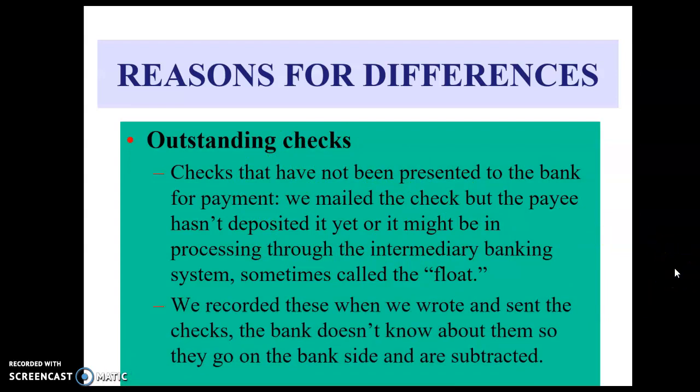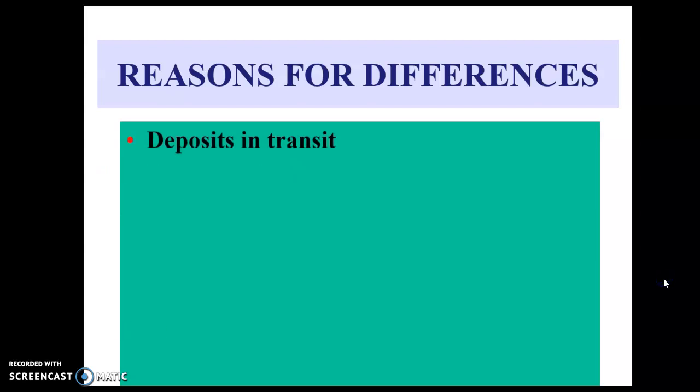And we need to subtract them. The bank, in other words, doesn't know about those. So they need to go on the bank side, because that's the section that doesn't know about it, and those checks need to be subtracted.